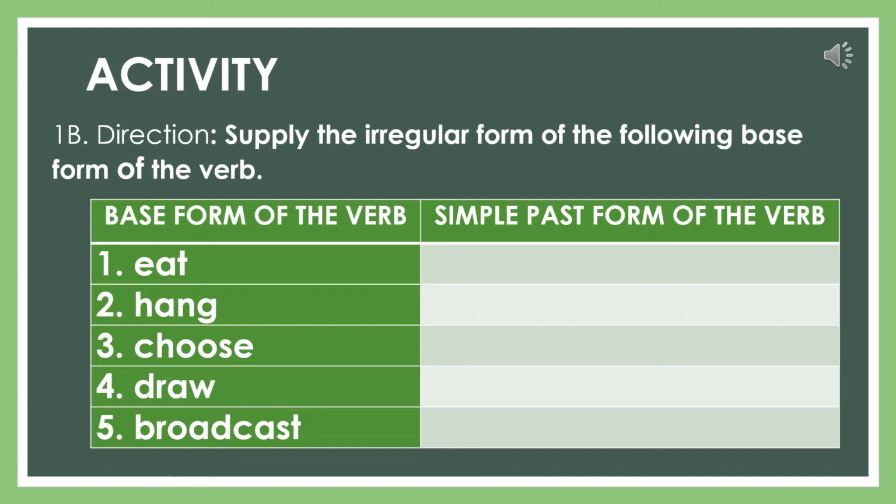Activity 1B. Direction. Supply the irregular form of the following base form of the verb.